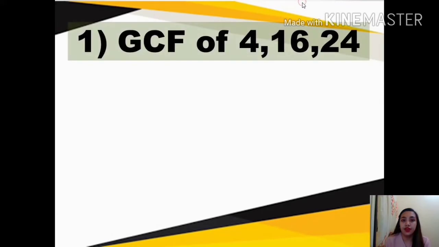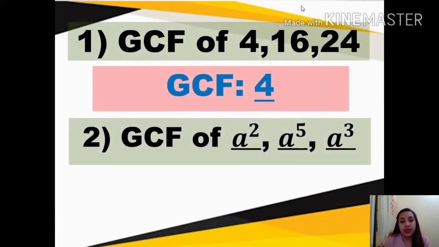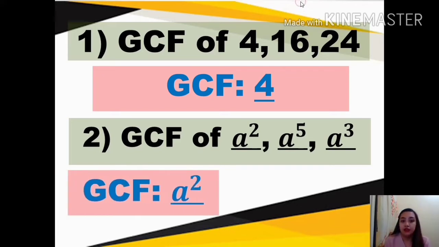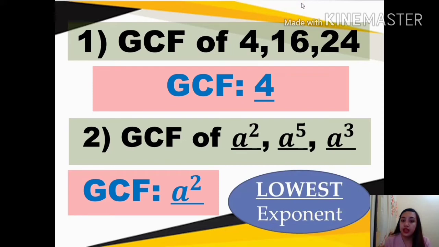Next, let's move now to the GCF of a squared, a to the fifth, and a to the third power. Now, what is the rule again here? We are going to get the lowest exponent. Therefore, if we choose between 2, 5, and 3, we will choose 2 because that is the lowest exponent.